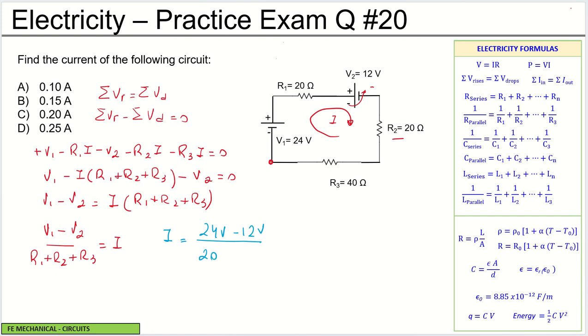R1 is 20, plus R2 20, plus 40, everything in ohms. And basically I'm going to have 12 volts divided by 80 ohms, and the total is 0.15 amperes. And this is the answer B.